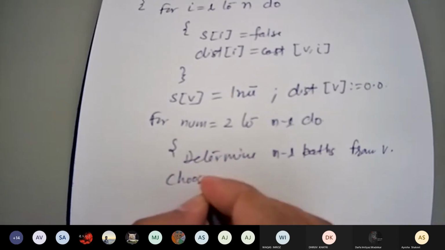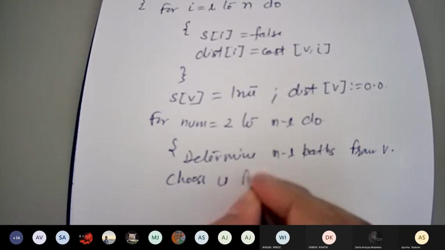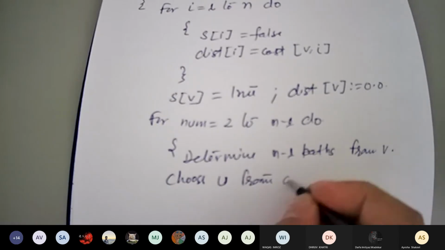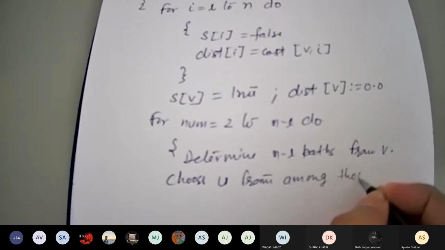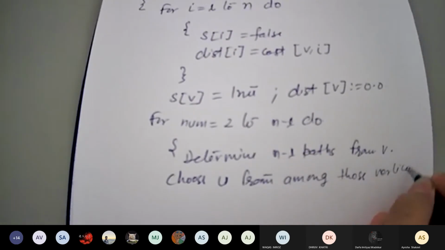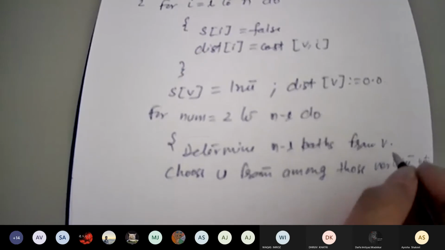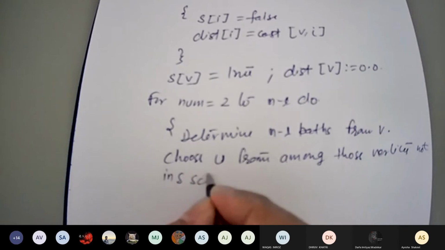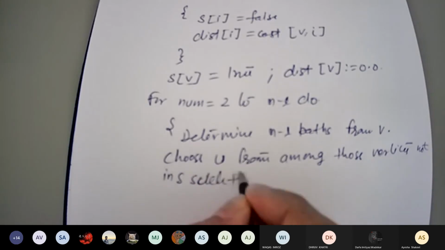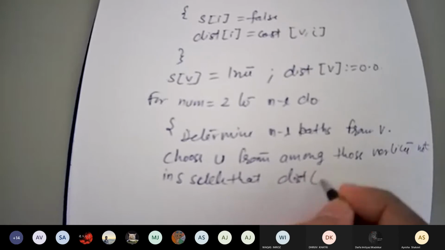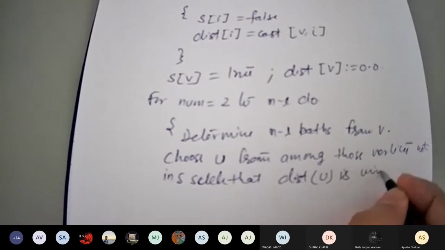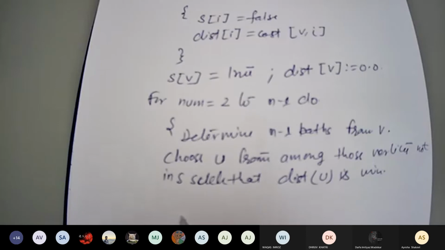Choose U from among those vertices not in S such that distance of U is minimum. So if distance of U is minimum, then S of U you will set true.